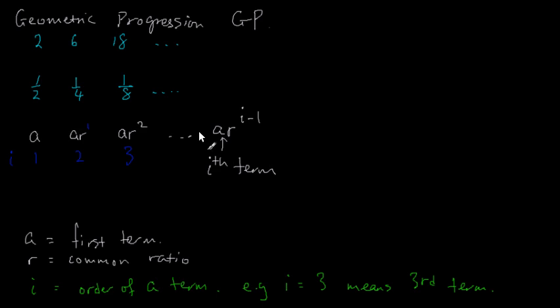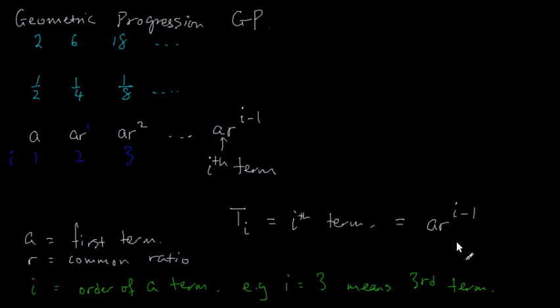Now I'm going to represent the value of the ith term by the symbol ti. So ti would be the value of the ith term, and we have seen the formula here already. The ith term has this formula: a r to the power of I minus 1.